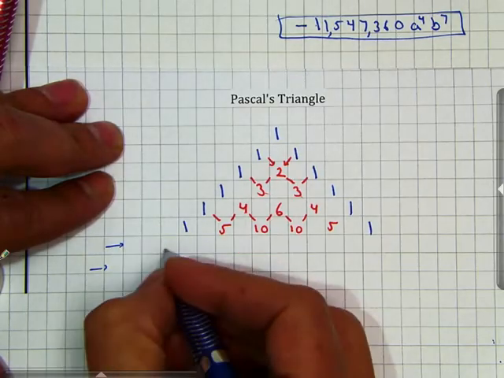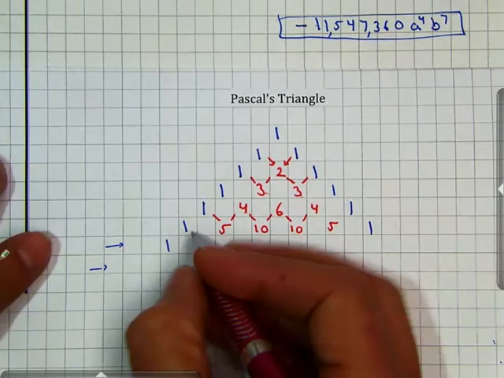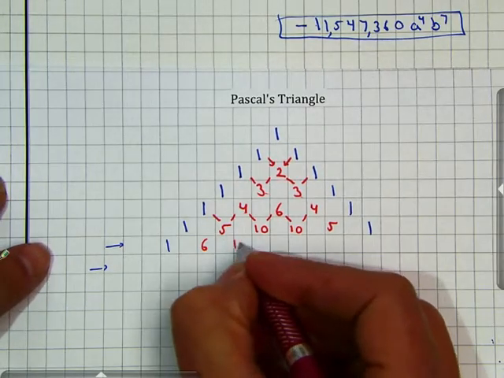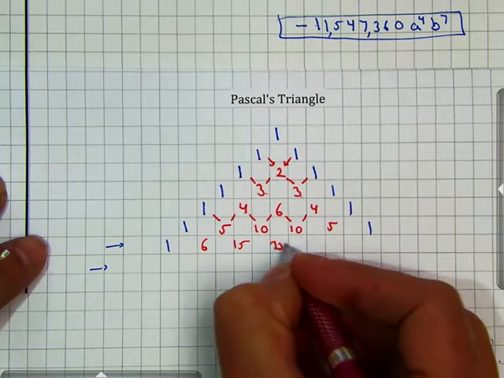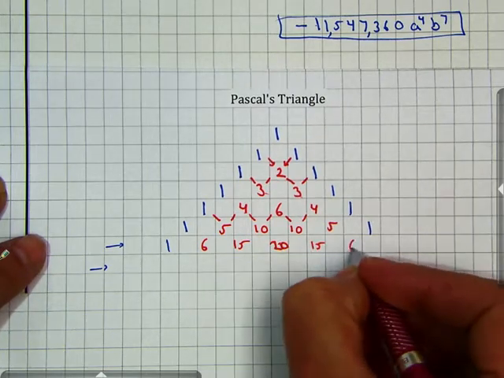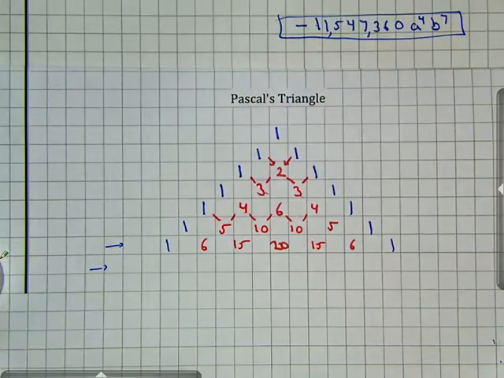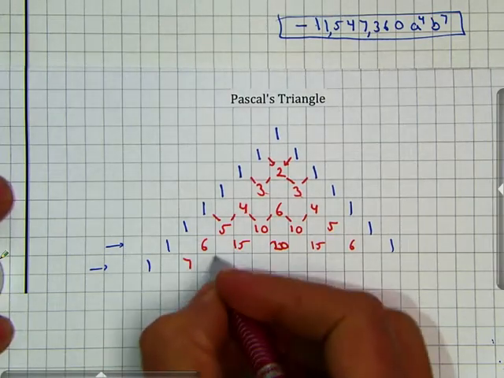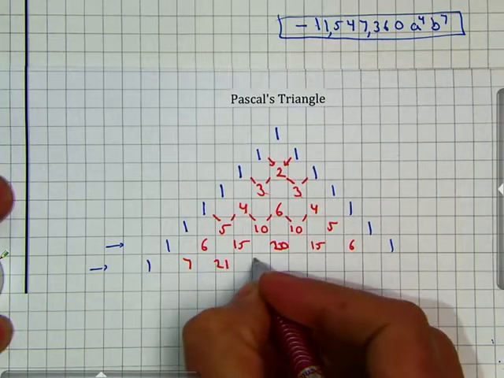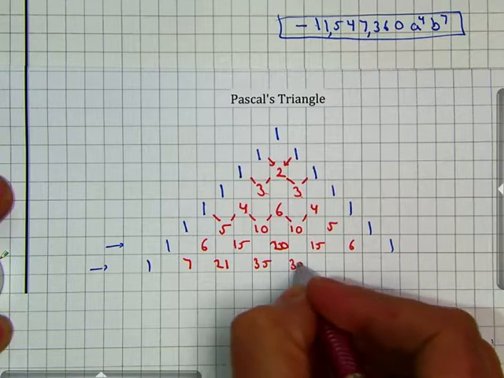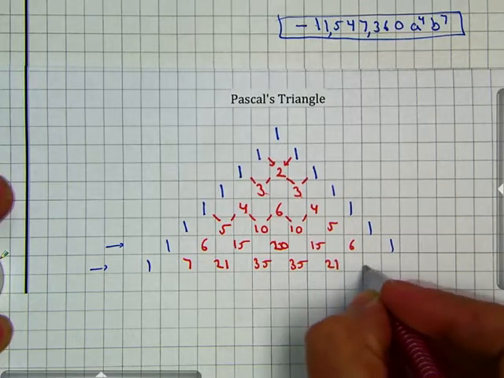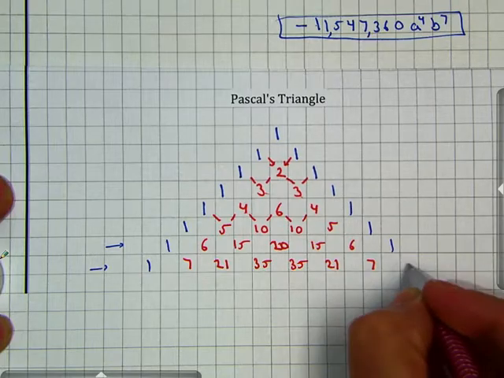Excellent. So at this point, all of you guys have finished this. So it'll be 1, 6, 15, 20, 15, 6, and 1. And you see some symmetry in there. So the next one will be 1, 7, 21, 35, 35, 21, 7, and 1.